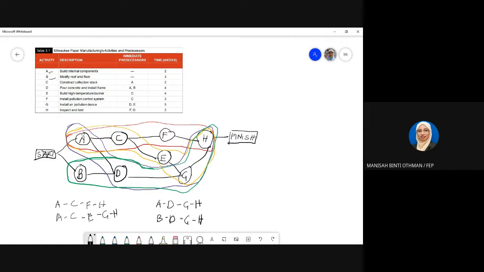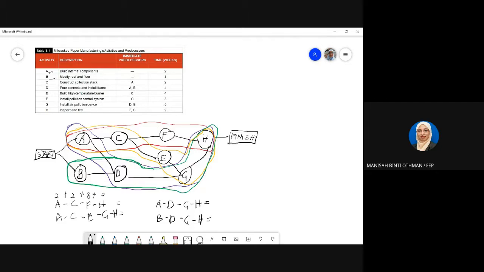After you identify the paths, you have to calculate the time for each path. How can you calculate it? You put the time duration for each activity. A is 2 weeks, plus C needs 2 weeks to complete, plus F 3 weeks, plus H 2 weeks.